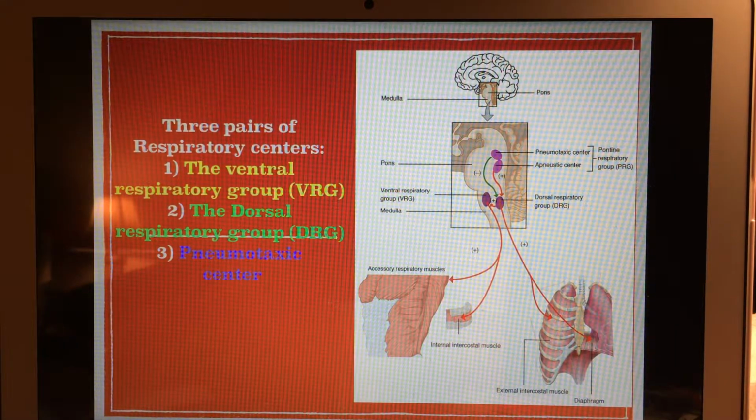The dorsal respiratory group also works in inspiration. This is another wave of neurons that extends for much of the length of the medulla, between the ventral respiratory group and the central canal of the brainstem.